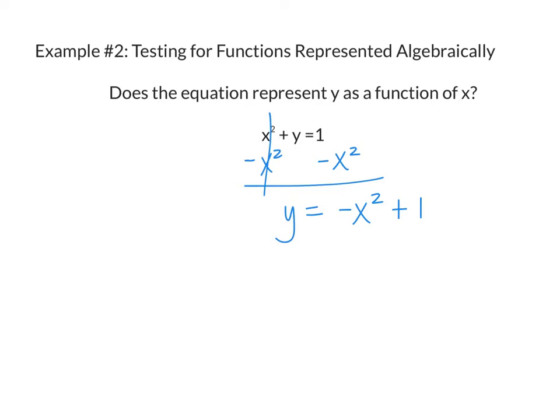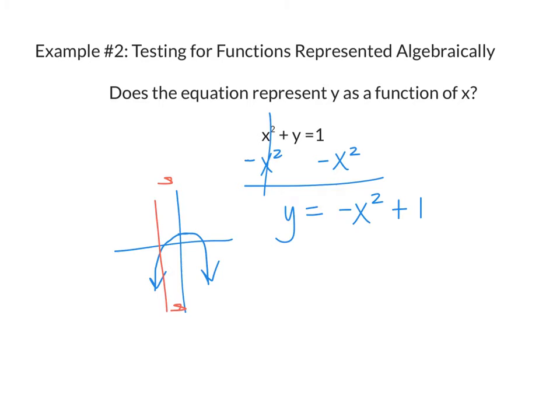So since it's left with y equals -x squared plus 1, if you remember from Algebra 2, this is a parabola that opens downward but has been shifted up 1. So just as a sketch, it's a parabola that opens downward and has been shifted up 1. If we were to do a vertical line test, and again, I know I keep mentioning this, it's going to come up later, but imagine that this line is shifting and moving in this direction.